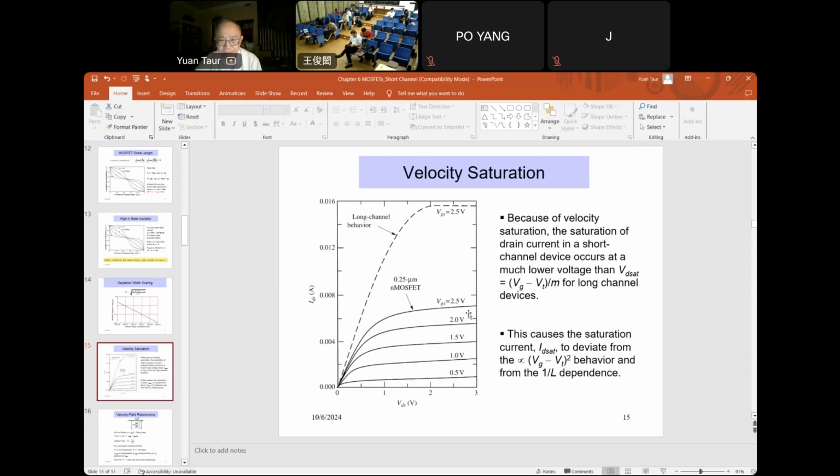Another factor is that the current is no longer Vg minus Vt over square. It's more like linear, and it no longer has the 1/L dependence. Okay, so we need a different model for the velocity saturation case.